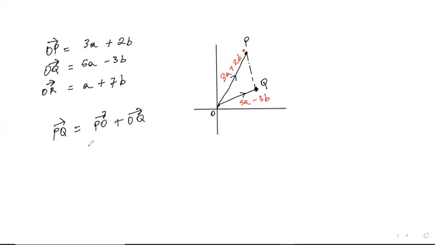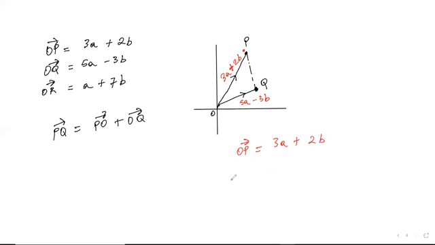But guess what? We know OP, but we do not know PO. So what we are going to do is negate OP. You know what I mean by negate? Vector OP equals 3A plus 2B.